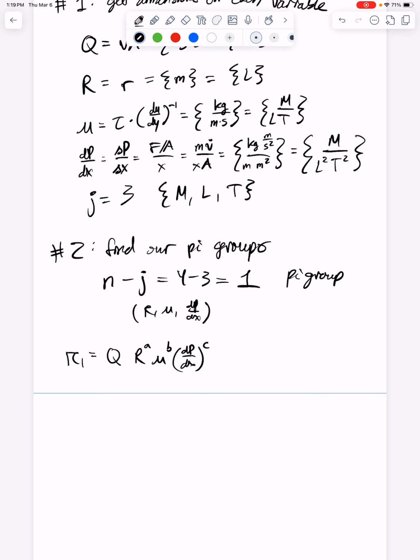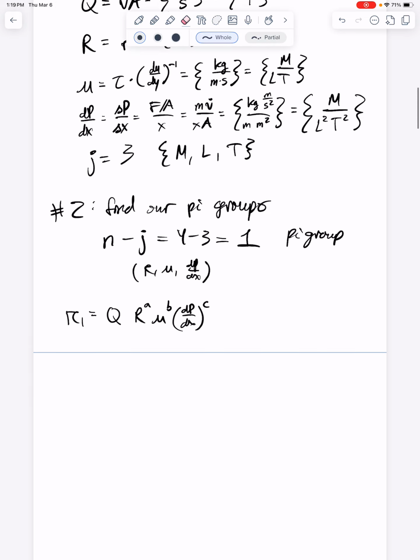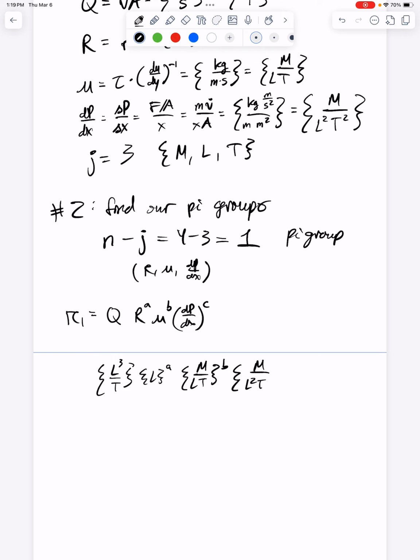Let me write everything in terms of its units. For q, cubic length per time; r, just length to the power of a; viscosity, m over lt to the power of b; dp dx, m over l squared t squared to the power of c.